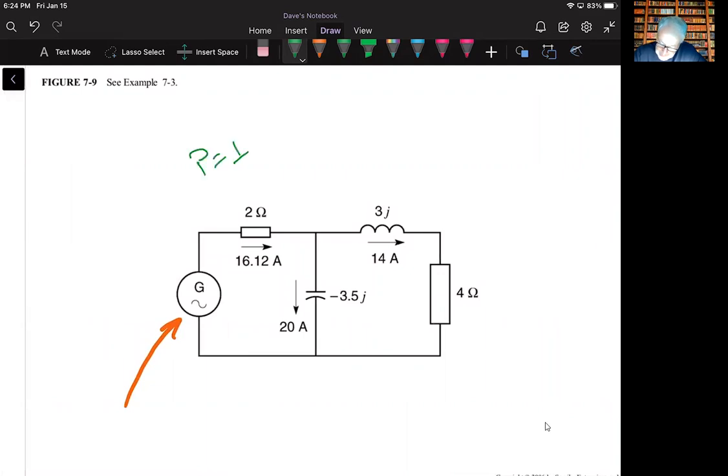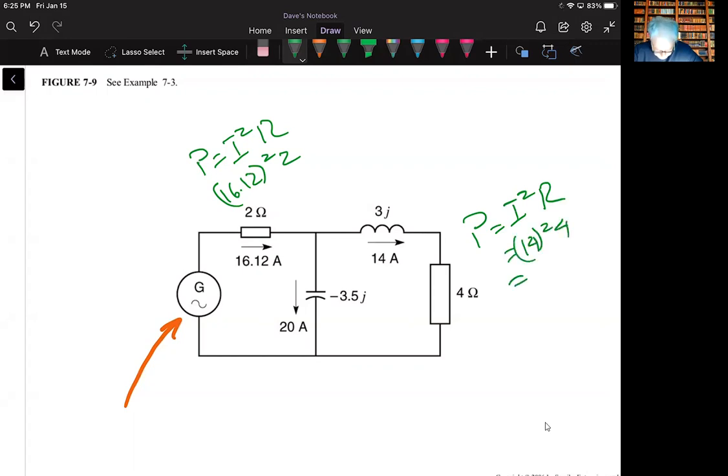The power is I squared times R, which is 16.12 squared times 2. But there's also another resistor out here, and it's seeing 14 amps. So the power from this resistor is I squared R, which is 14 squared times 4. And so the two powers together is the total active power associated with the circuit.